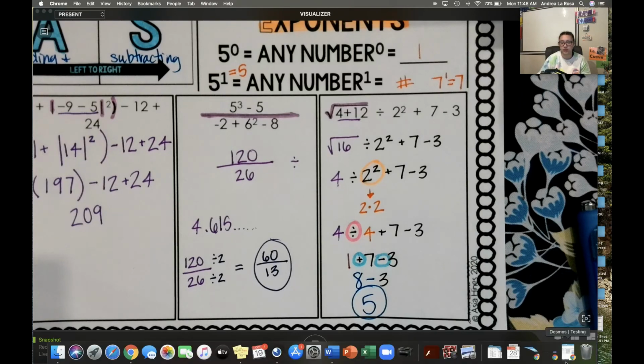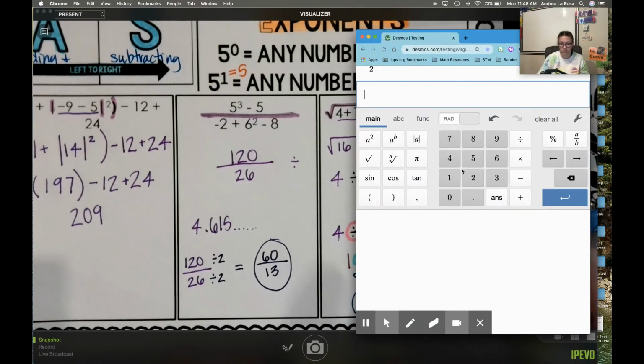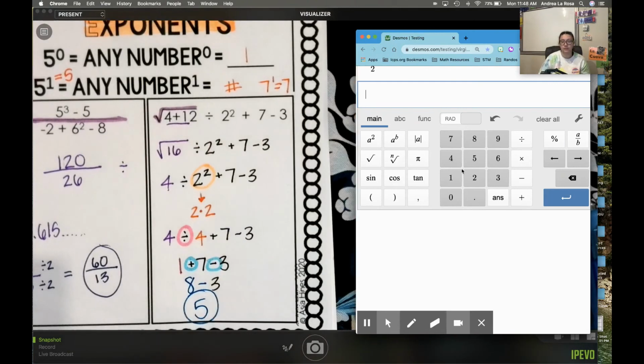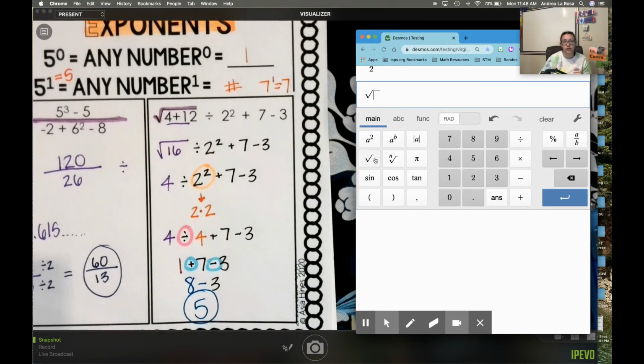Let's see what that would look like. Slide my paper over. I could do the square root of 4 plus 12. Then I move my cursor over so it's outside of the square root. Divided by 2 squared. That doesn't look right, does it?